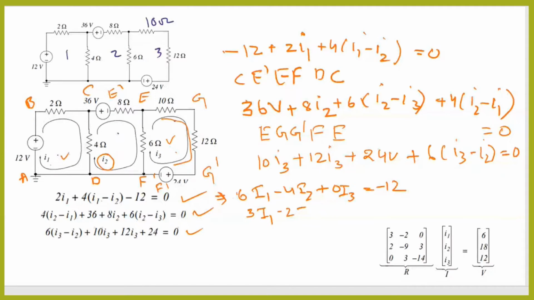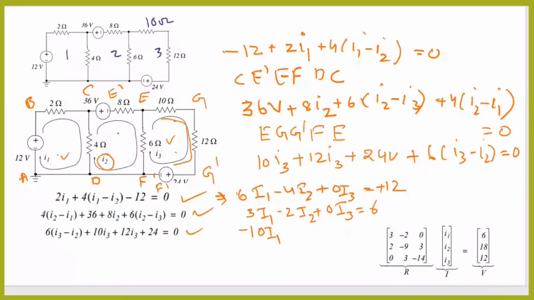Next equation. How many I1s are there? Minus 4I1 and minus 6I1, so minus 4I1 plus minus 6I1 is minus 10I1. How many I2s are there? 8 plus 6, that is 14I2.